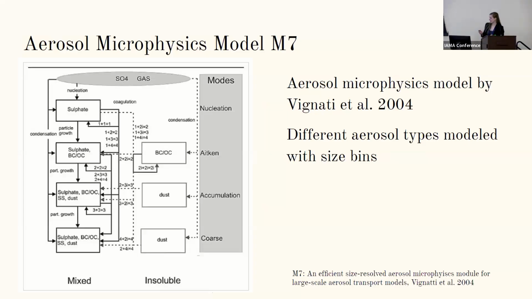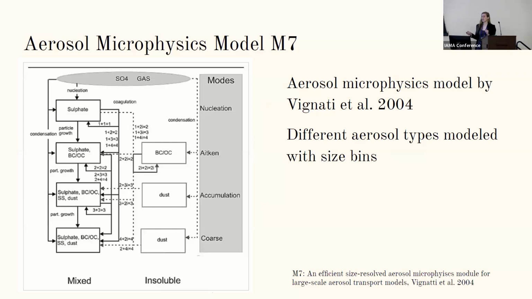And the model we are replacing is one that was developed, I think, by my Oxford colleagues a while ago. The aerosol microphysics model M7. The way it roughly works, it models different aerosol types, such as sulfates, organic and black carbon, dust, sea salt, in different size bins.